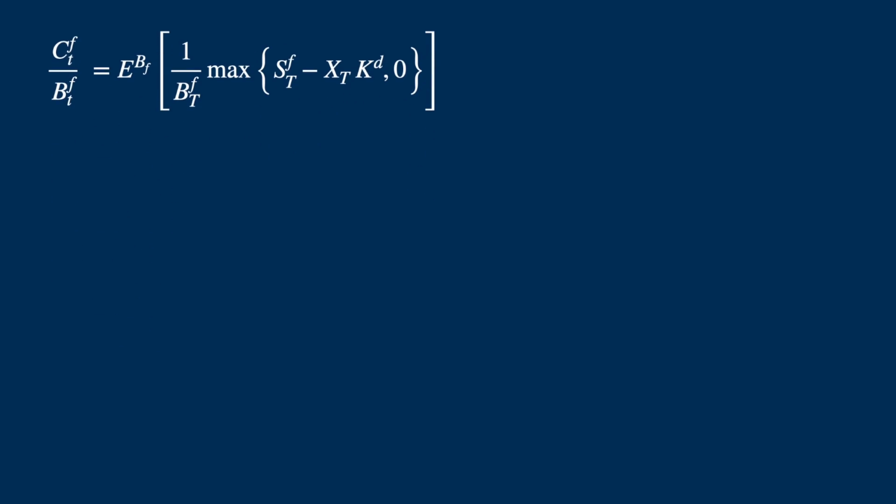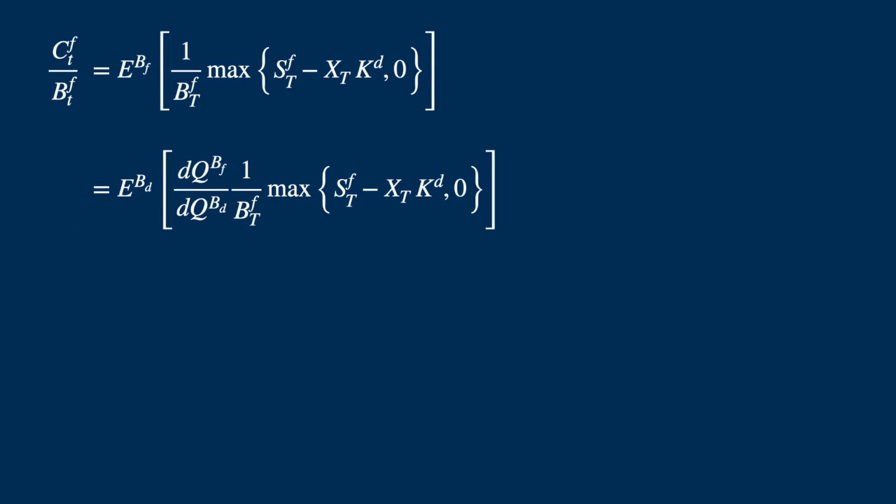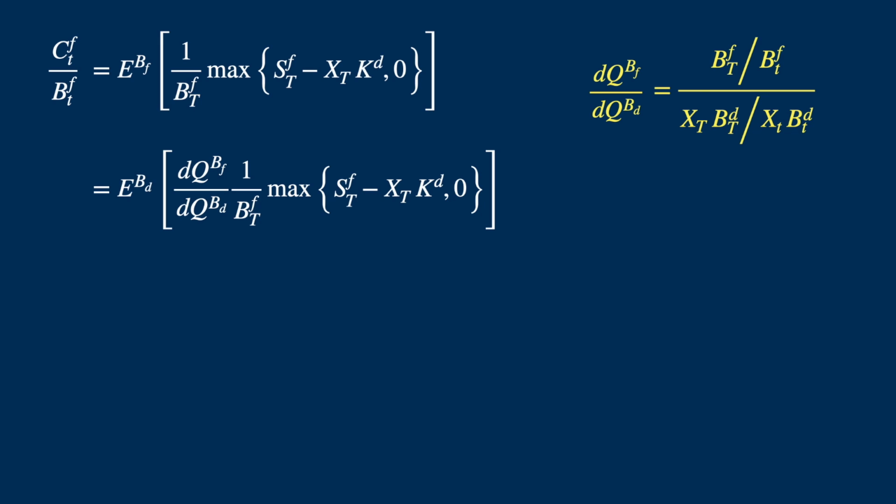So we multiply by the Radon-Nikodym derivative and change the expectation from B_F to B_D. And we then need to express the Radon-Nikodym derivative in terms of the ratio of the asset prices. The only complication here is we have to multiply one of the prices by the exchange rate, so they are in the same currency. Otherwise, the same relationship we saw before.